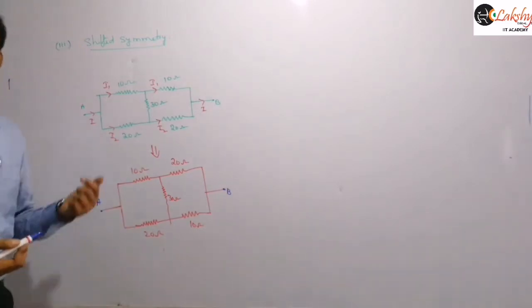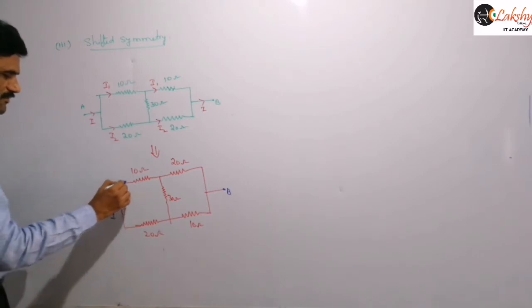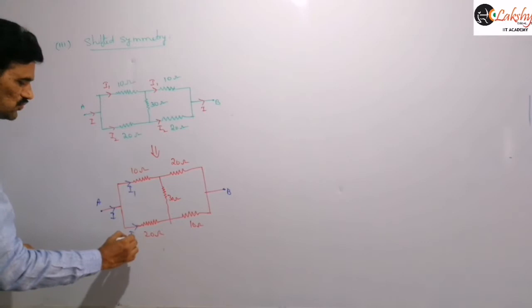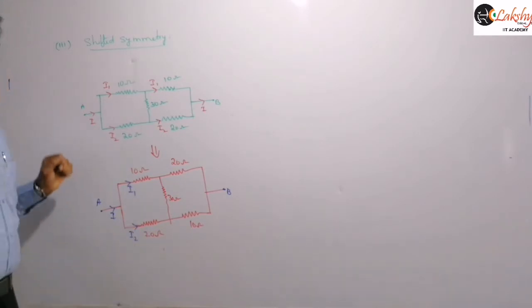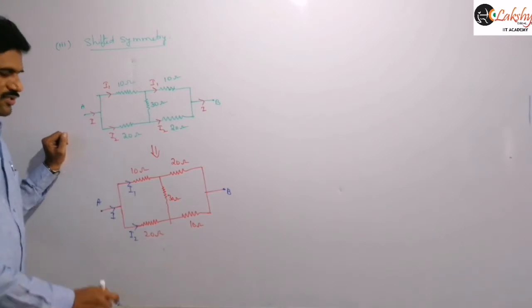For the Kirchhoff laws, we should take the current distribution. I take this as I, and suppose this current is I1 and this current is I2. Now the shifted symmetry comes in.